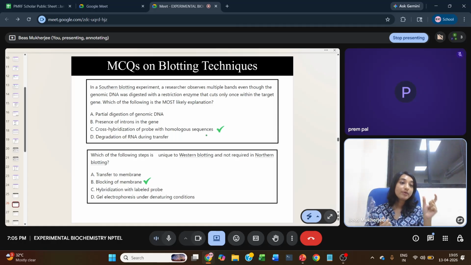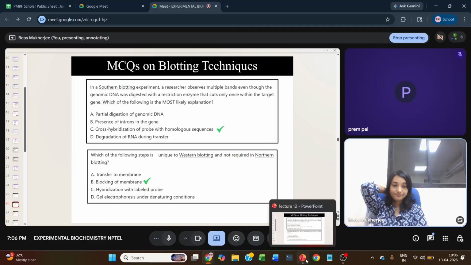Remember, the probe is very specific to the gene of interest. If there is more than one copy of the gene of interest, maybe of different sizes, then it will give multiple bands because it will bind to all of them. The next one is the blocking step. Remember, for proteins this blocking step is necessary, and for northern and southern blotting it is not necessary as such.